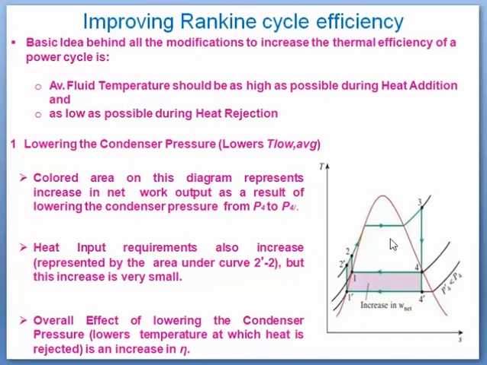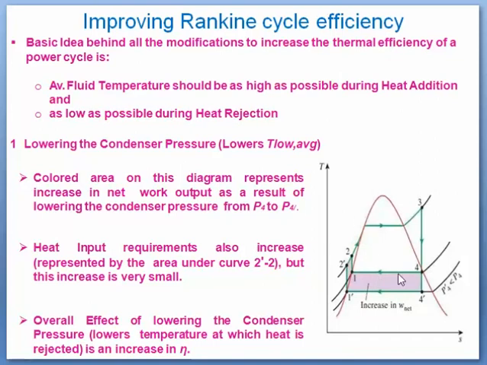Earlier the work output was this much only. Now we got an additional increment in the net work output as a result of lowering the pressure from P4 to P4'. In this process, you can see here that there is a slight increase in heat input requirement, which is represented by the area below this curve 2-2', but which is very small, and the work output we are getting is more in comparison with this increment in heat input.